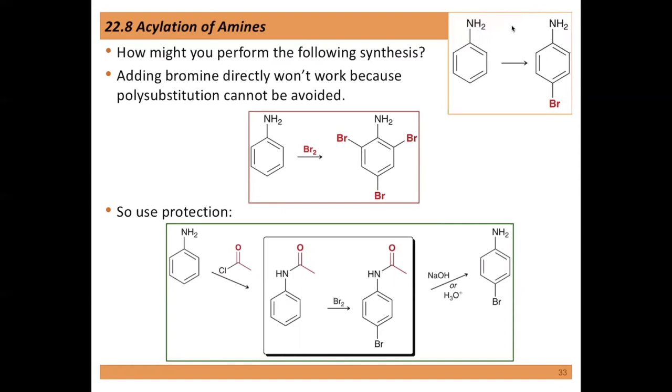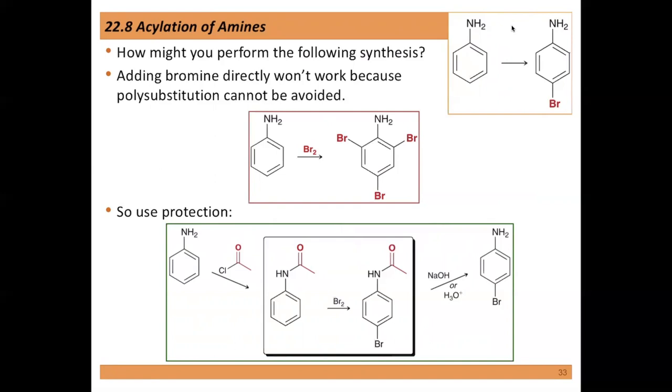So what I could do is protect that amine and convert it from a strong electron donating group into a moderate electron donating group. So it doesn't activate the ring as much.